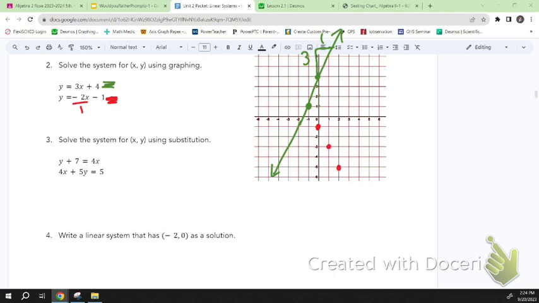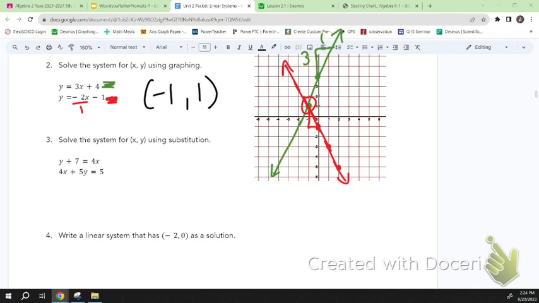If I work that backwards, you should see the point of intersection on our graph. Where's our point of intersection? What's the point? -1, 1. Questions about graphing? Some of us still need to work on slope.